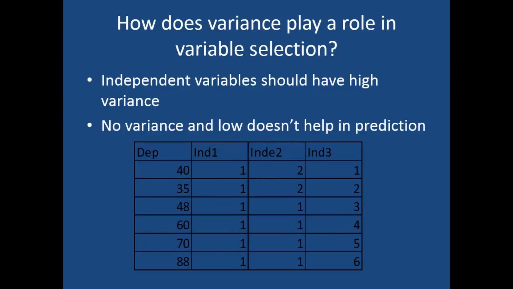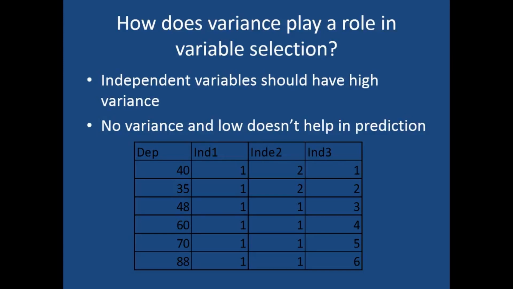Even if there is a change in the dependent variable, there is no change in the independent variable. That means they're not related at all, right? Irrespective of the values of independent variable 1, the dependent variable is changing without following any pattern. So independent variable 1 is not very useful.